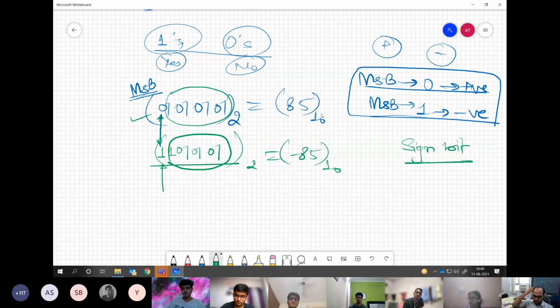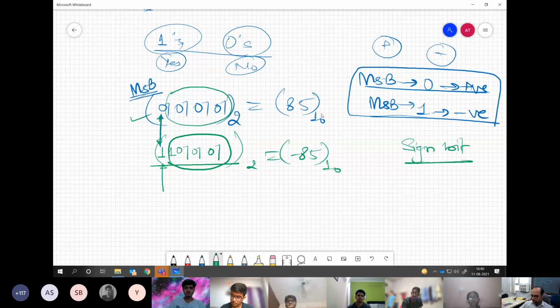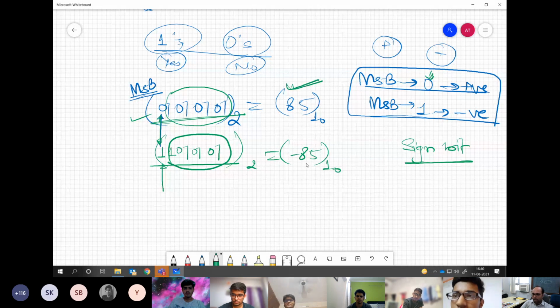Can it be anything else other than 0 or 1? No, sir. Then if by default we have been saying that any general number is having this magnitude, then of course if we want to change it to a negative number, the highest bit, or the most significant bit, we are changing to 1, that's all.